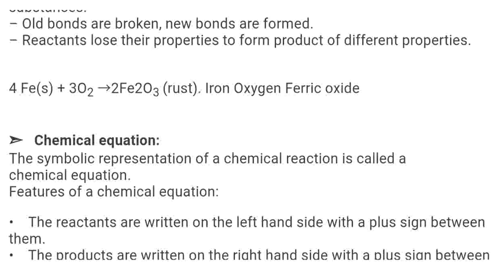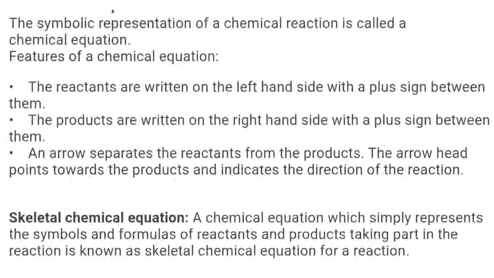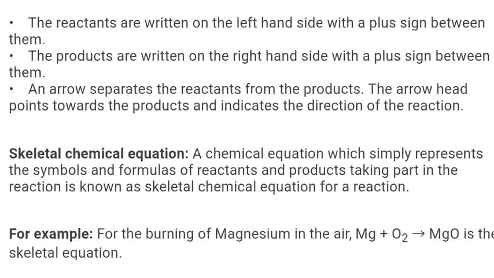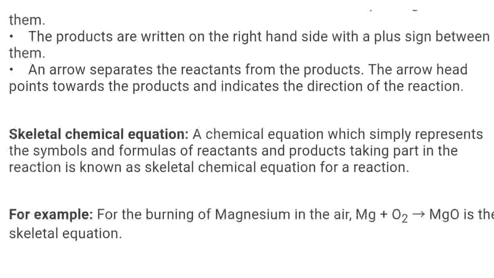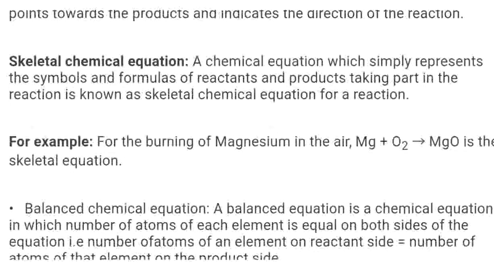If more than one product is formed, then also the products will be written on the right hand side of the arrow. The arrow separates the reactants from the products, and the arrowhead points towards the products and indicates the direction of the reaction.